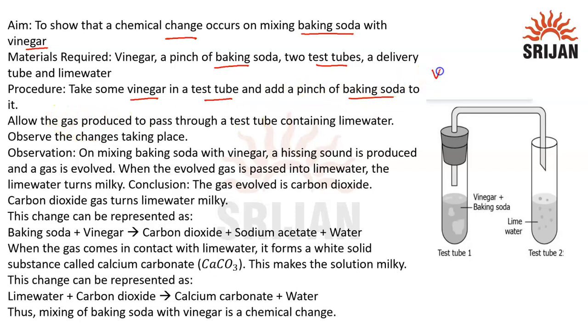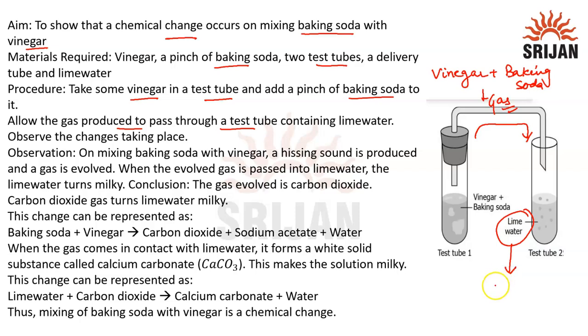When we add vinegar and baking soda together, a gas is evolved, and we allow that gas to pass through the delivery tube into a test tube containing lime water. Lime water is prepared by dissolving calcium oxide in water, so it is actually a calcium hydroxide aqueous solution.